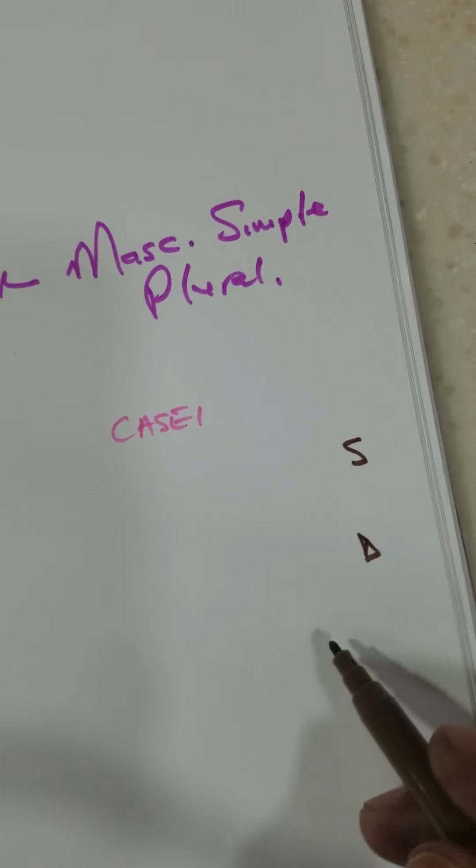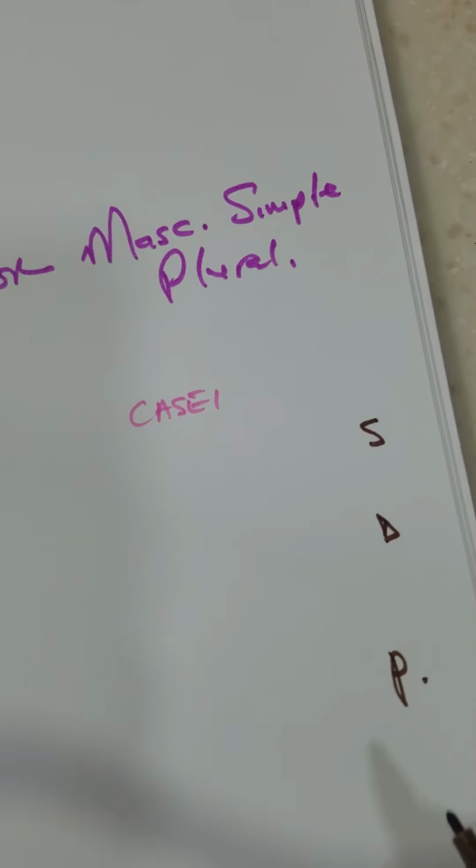So along this side, we can start with the singular, then dual, then plural. Now, this thing may look complicated, but it is so easy that I don't want anything to confuse you at any stage.